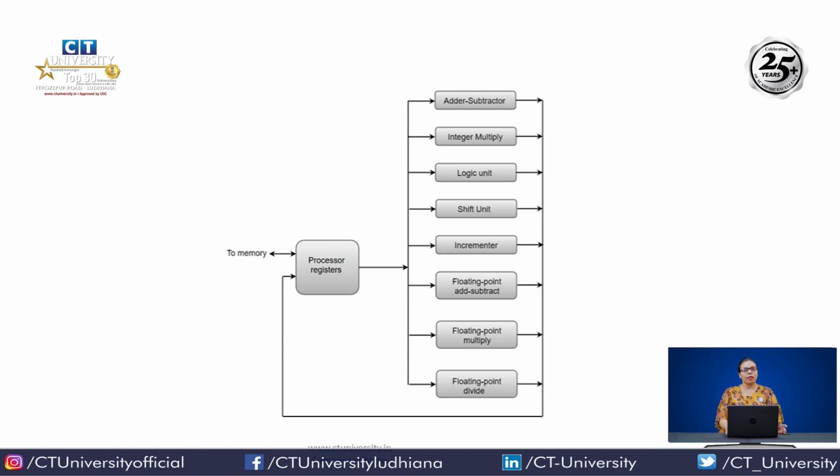Suppose an instruction includes a decimal value as well as an integer and involves a multiplication sign, it will go to floating point multiply, or if it involves a decimal value with an integer with a division sign, then it goes to floating point division. So we can see here that multiple instructions are executed simultaneously, hence the performance of the system increases. Ultimately the throughput of the system increases.